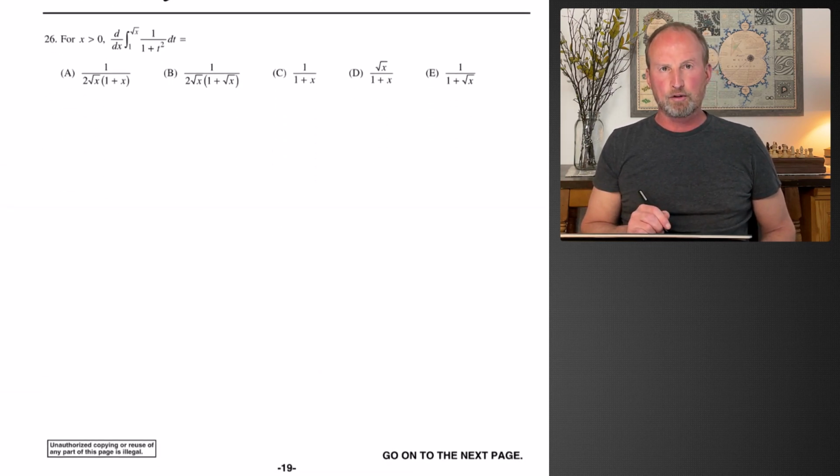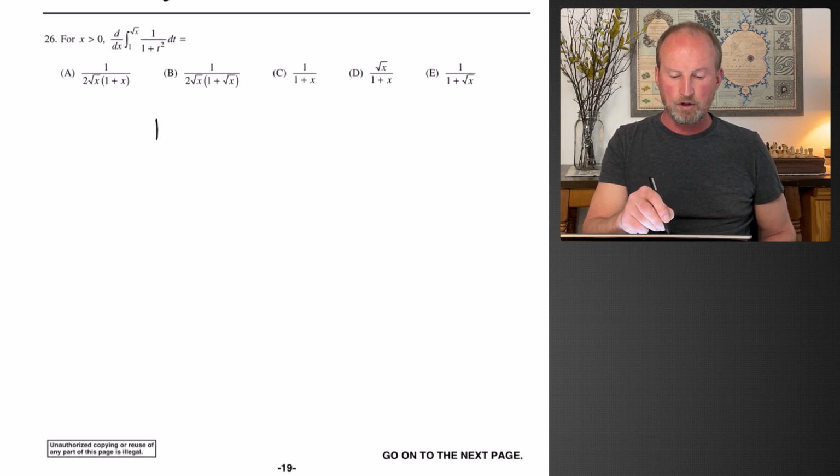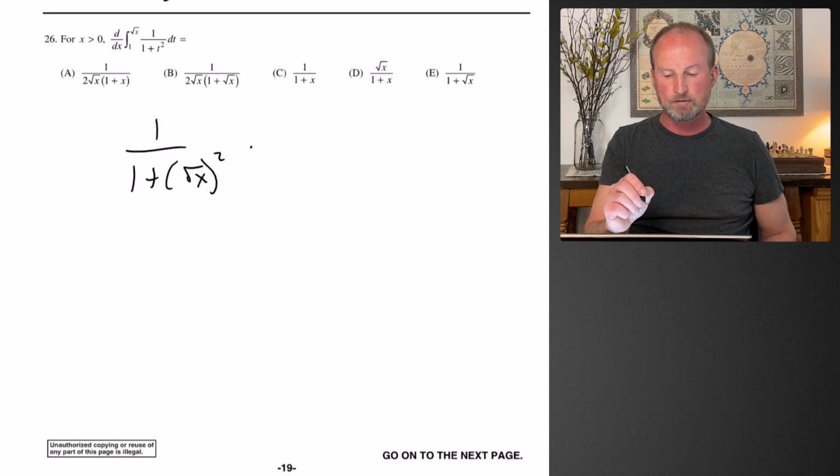Question 26. Derivative of an integral. Fundamental theorem of calc part 2. Take the upper bound as long as it's just your variable x, and the lower bound is a constant. Take the upper bound, plug it into the function, multiply by the derivative of the upper bound.